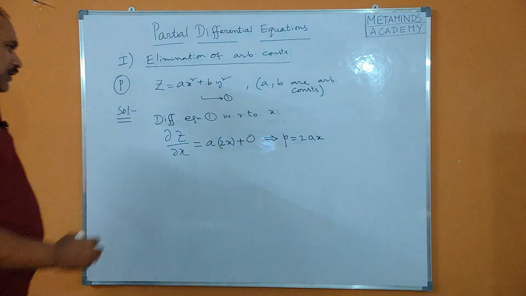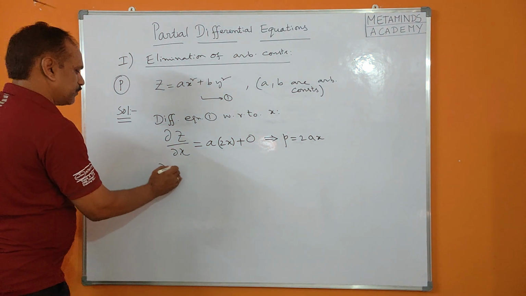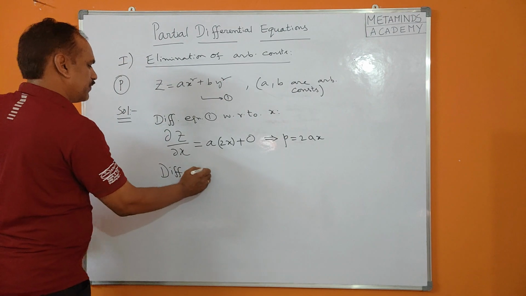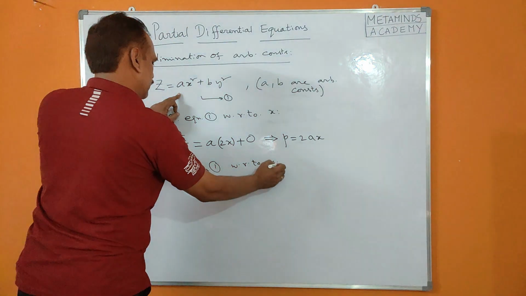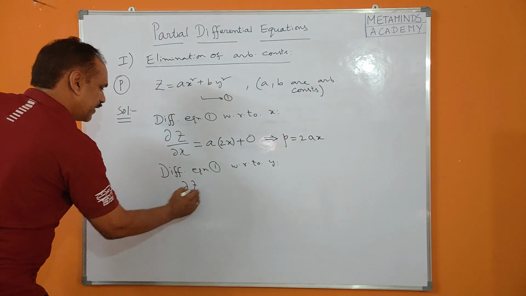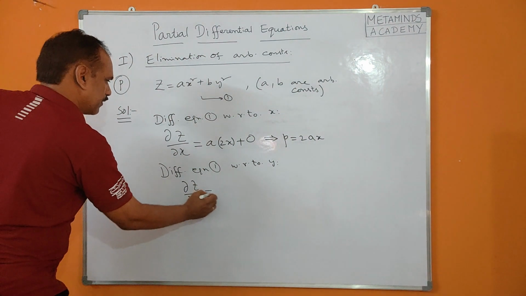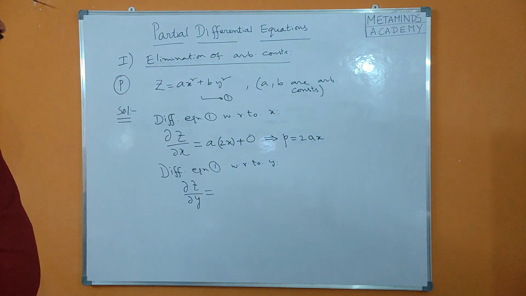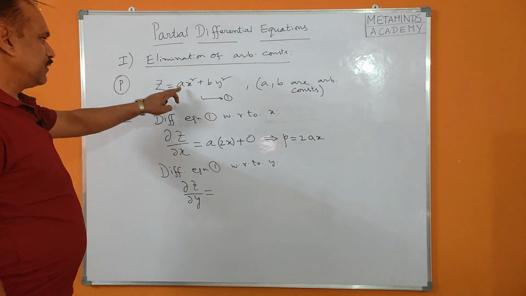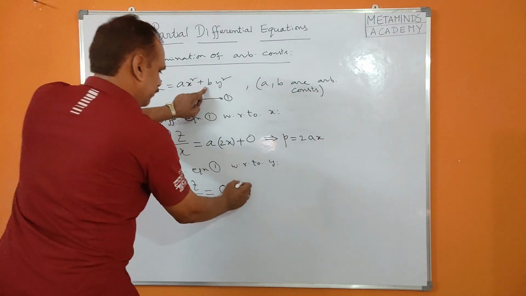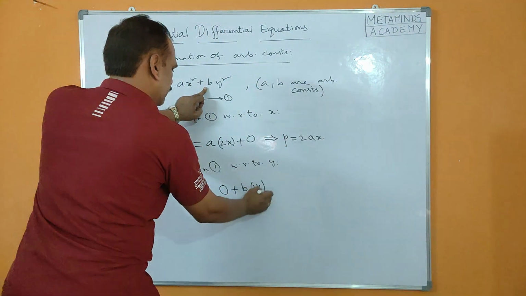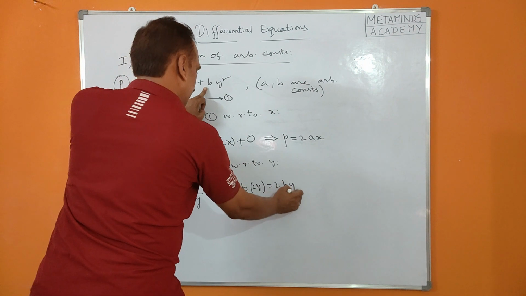Now again differentiate equation 1 with respect to y. What you will get? Dou z by dou y. There is no y in the first term, so 0, and b into 2y, it is 2by.